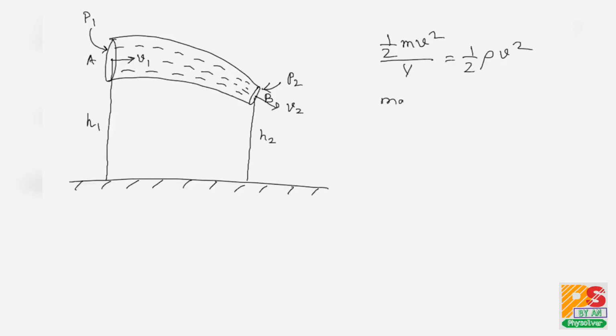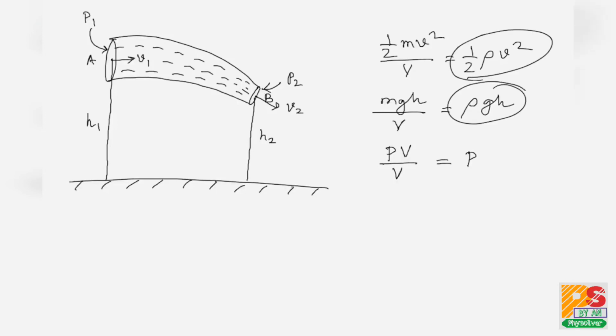Potential energy, normal formula mgh. Potential energy per unit volume is rho gh. Now pressure energy is given by external pressure into volume, so pressure energy per unit volume is nothing but pressure. So according to Bernoulli's theorem, the sum of these three quantities should be constant at any cross section of the flow tube.